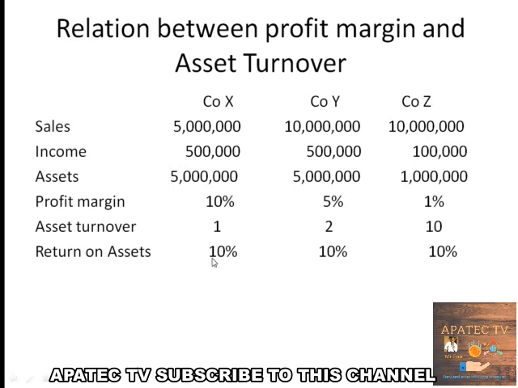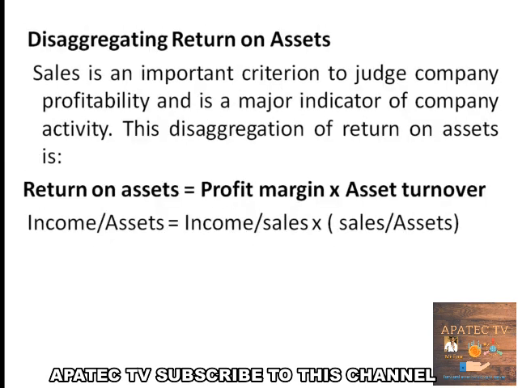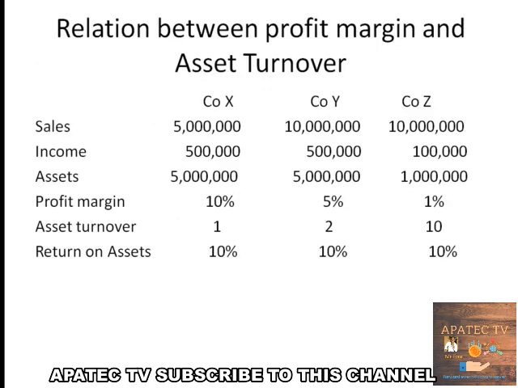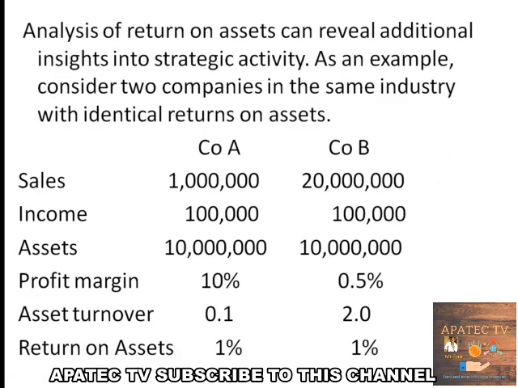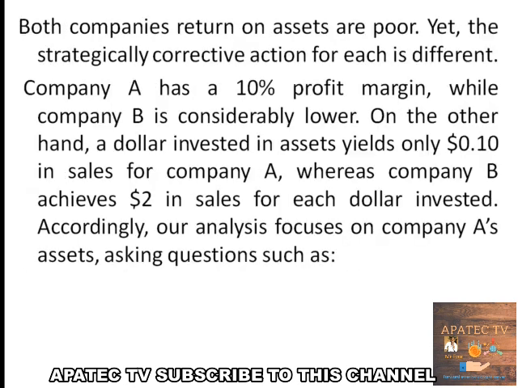To get return on assets, it is equal to profit margin times asset turnover, where we take 10% times 1, and you get the return on assets. It is practical, and this is the second example.